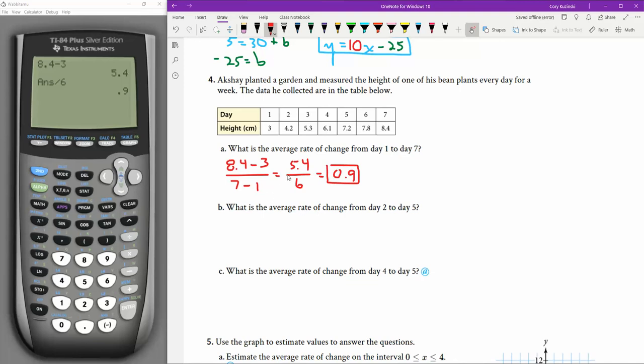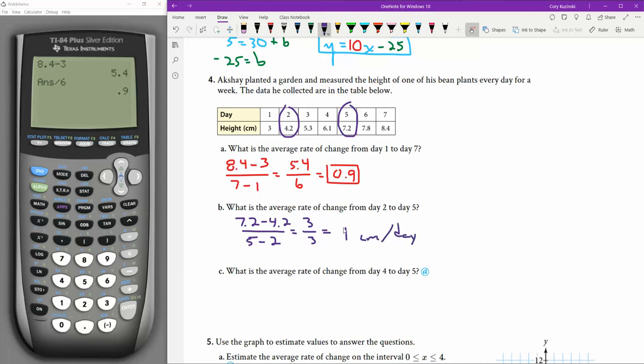What about from day 2 to day 5? Well, day 5, let's do a different color. Day 5 is 7.2 was the height of his plant, and day 2 was 4.2. So 7.2 minus 4.2 over the course of 3 days, right? I'm sorry, 5 minus 2. I got ahead of myself a little there. So that's 3 centimeters over 3 days. That's 1 centimeter per day.